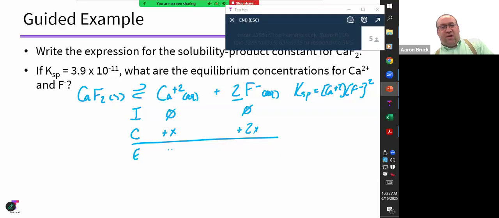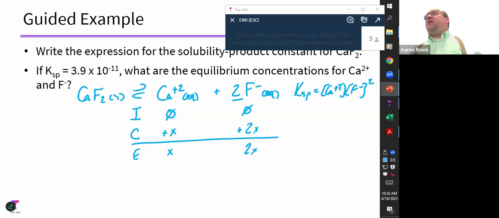So at equilibrium, we would add X and 2X for the fluoride. And again, this is where things can get a little bit batty for us. If we are trying to do this too quickly, it's easy to make really simple, dumb mistakes with KSP calculations.